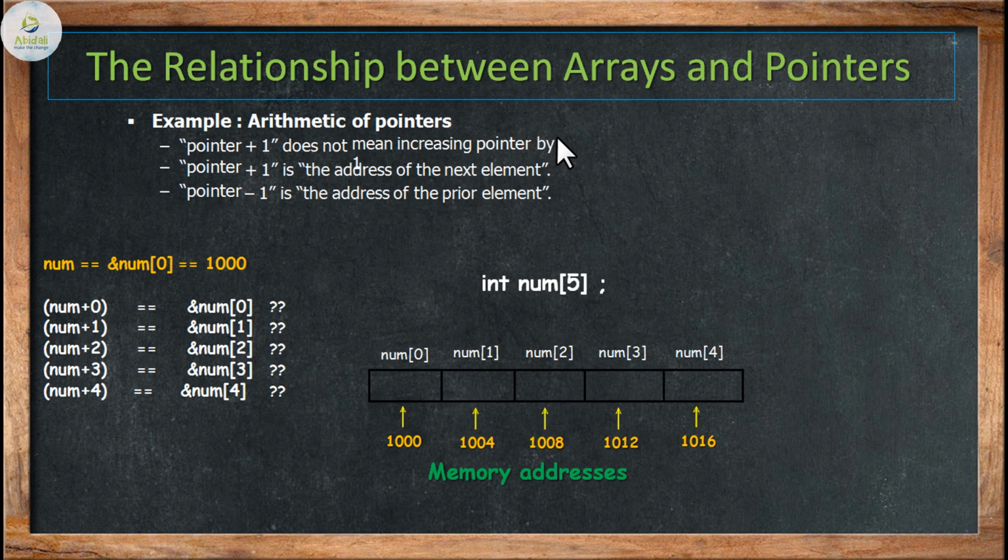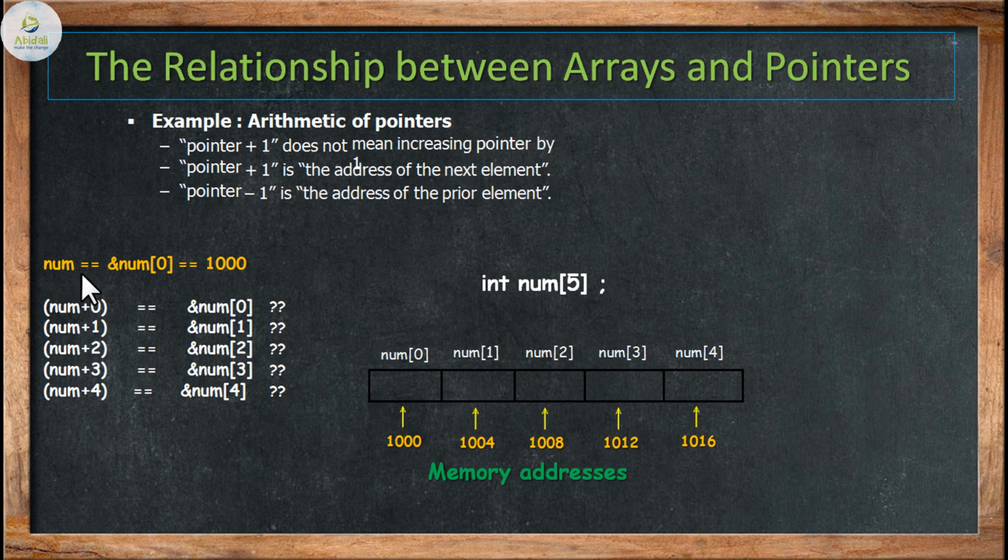It is increased by the total number of bytes that the data type occupies. So pointer plus 1 is the address of the next element. And pointer minus 1 is the address of the prior, that is the previous element.